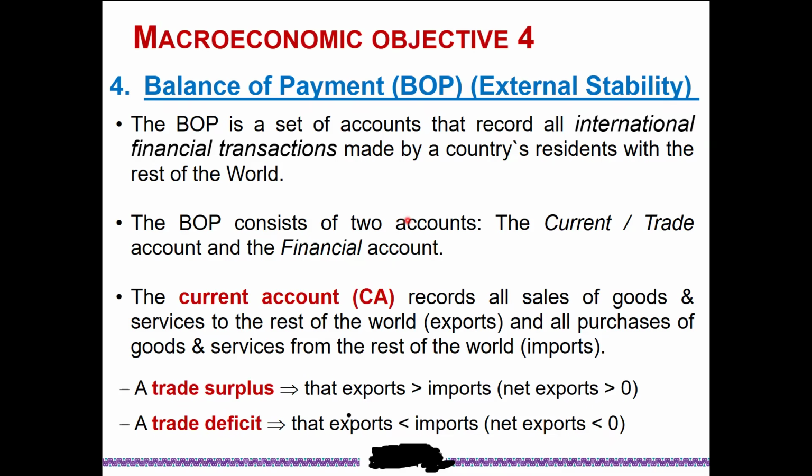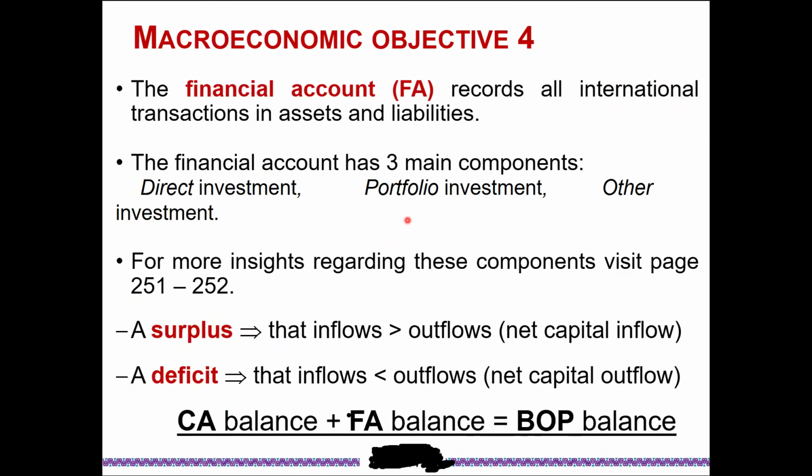How do we interact with the other country in terms of sales and purchases? It's through exports and imports, right? So in the current account, we're recording basically our exports and imports, when we are buying from them and selling to them.